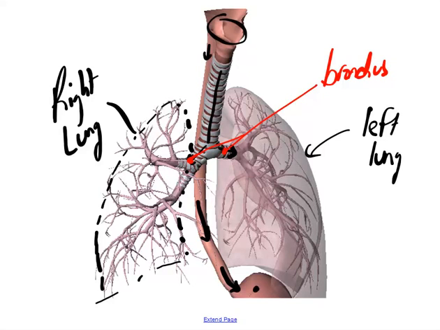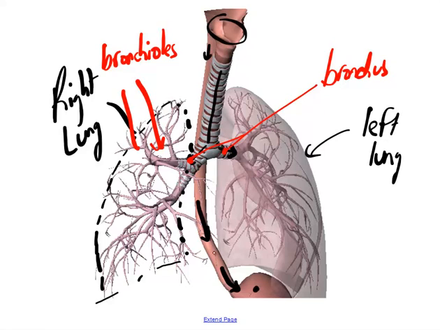Then they branch even smaller into these smaller tubes. They don't carry fluid, but they do carry air. These are called the bronchioles. If you remove the lung tissue, you'll see the bronchioles and the branching that happens here.